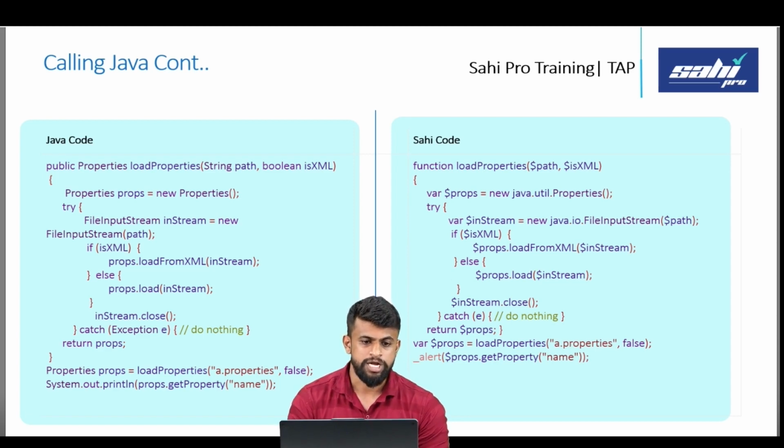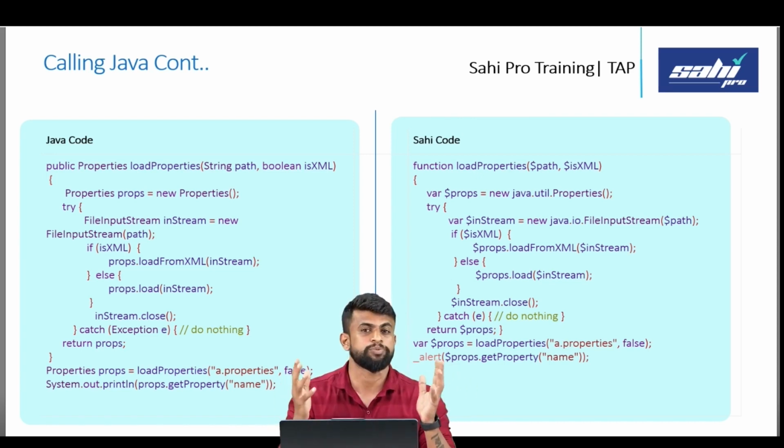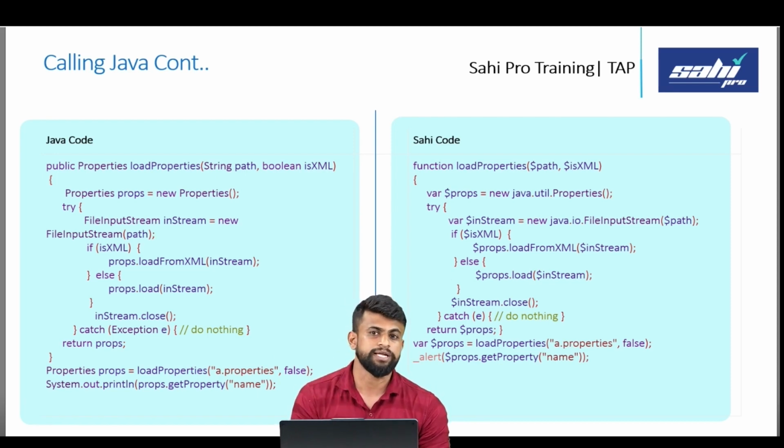Not only that, if you look at the next line, wherein you are creating the object of properties in my Java code, and you are collecting it in a variable which is of type properties. Look at my Sahi. You have created the object of properties, but you know that Sahi will not understand what is that properties. You have to tell it a fully qualified name. Means what? This properties, where exactly is it present?